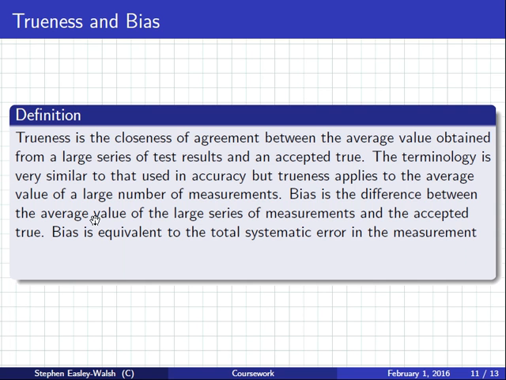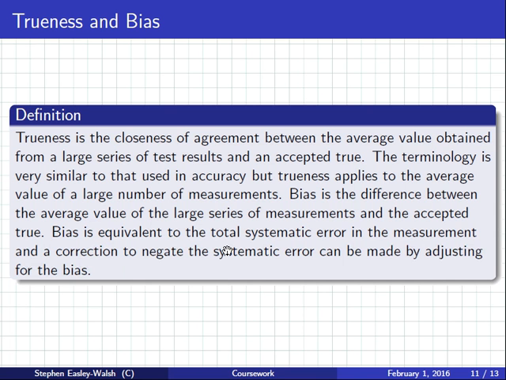Bias is equivalent to systematic error, and a correction to negate systematic error can be made. Although none of you can correct systematic error, because none of your equipment should have a systematic error, because I didn't see anybody using anything incorrectly. So although your answer might be slightly off, you can't do anything to fix it, which is fine.